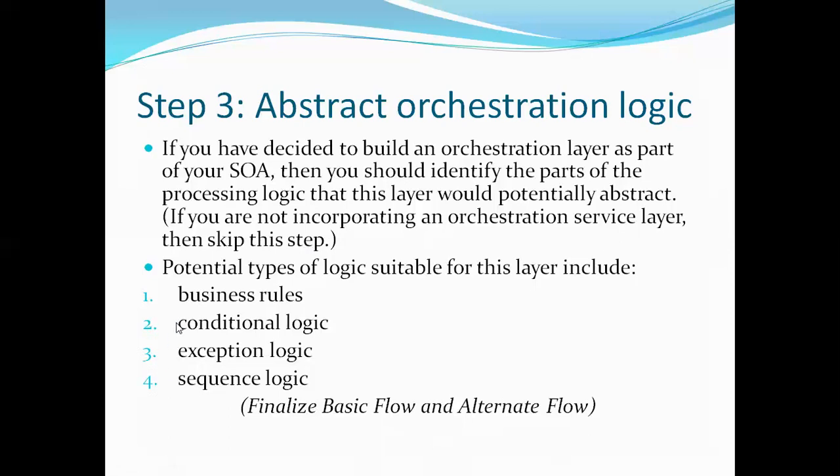Orchestration logic covers these four types of rules and steps. The first is the business rule. So you apply the business rule. Business rule means what? Suppose I am transferring 10,000. In that case, you check whether A's account holder has sufficient balance or not. So that is a business rule.